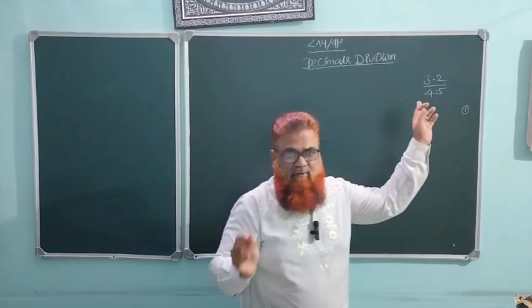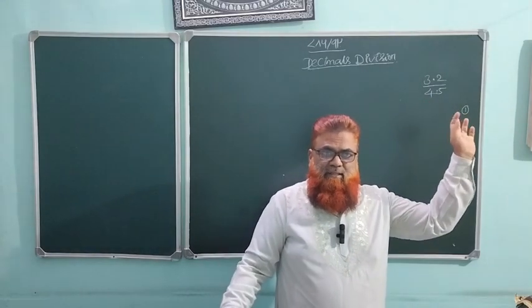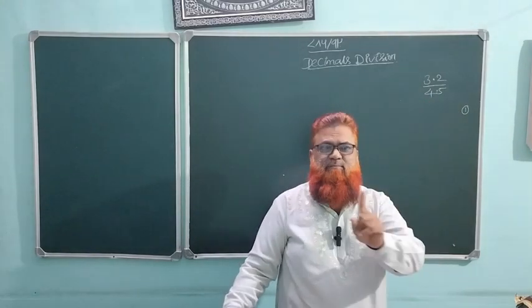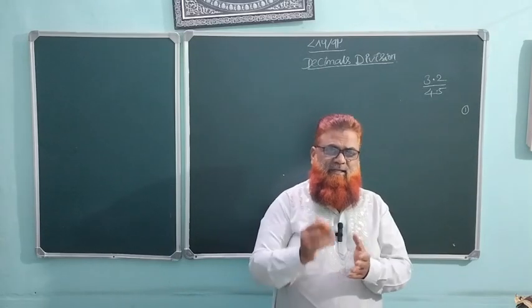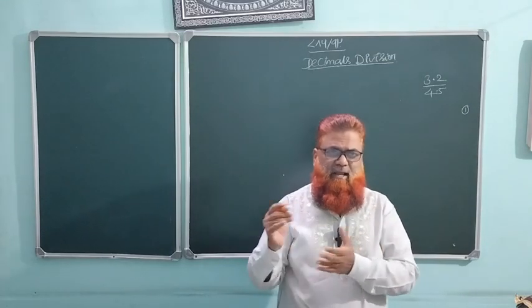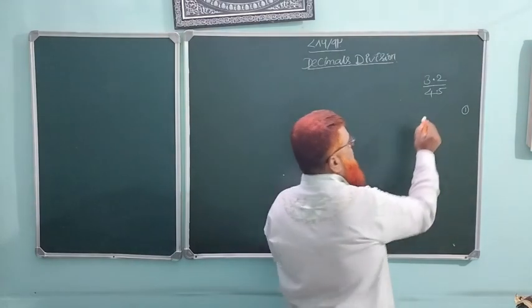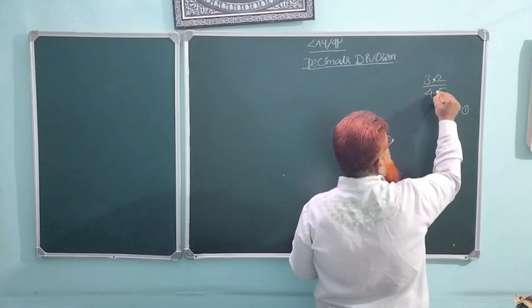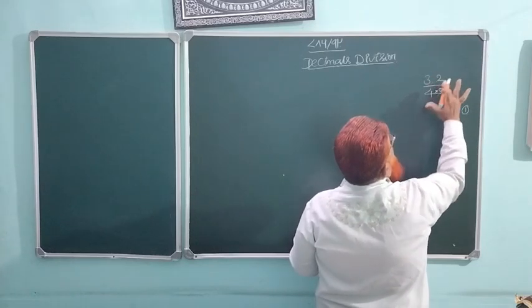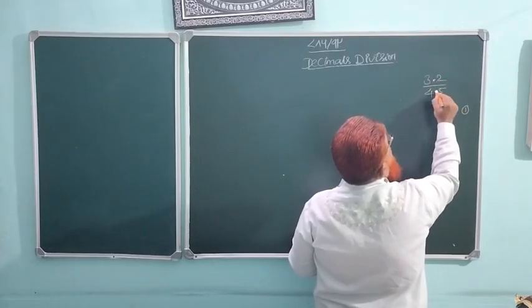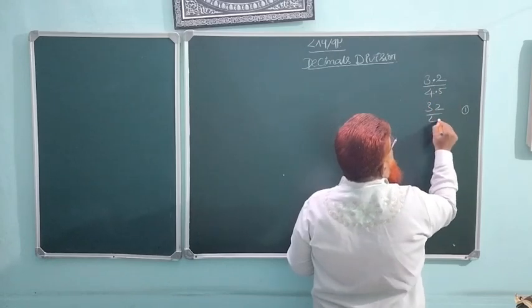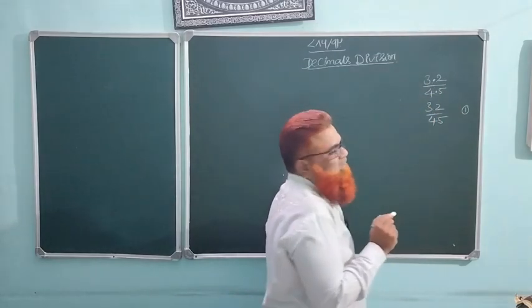And in the divisor part of the division, the decimal place is also 1. After the decimal there is 1 digit. That's why, since the dividend and divisor have the same number of decimal places, we can cancel the decimal directly.